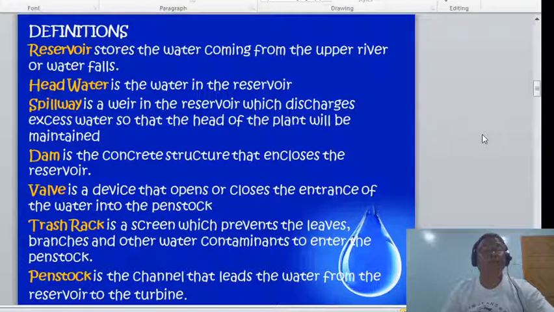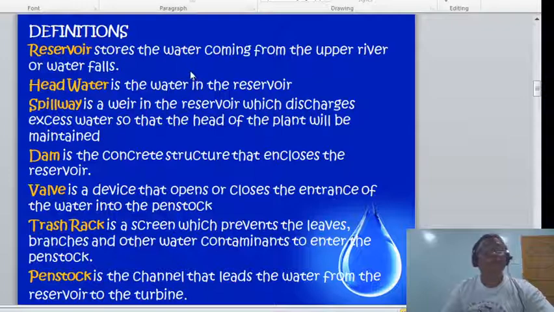Here are some definitions for the hydroelectric power plant. One is the reservoir, which stores the water coming from the upper river or water pools. Headwater is the level of the water in the reservoir.